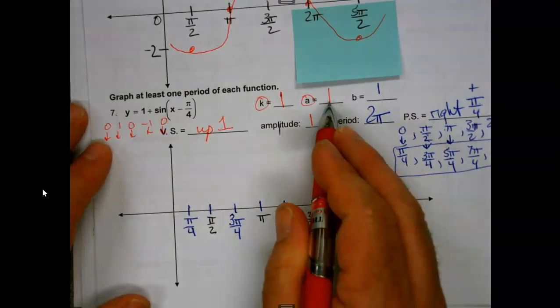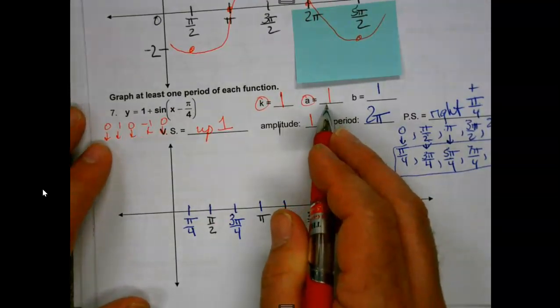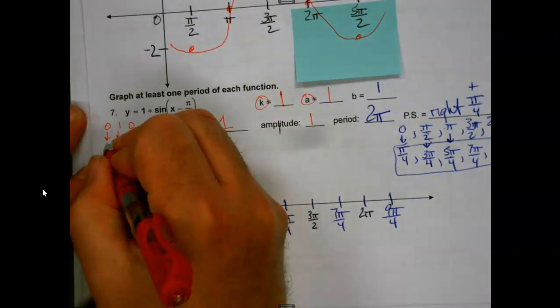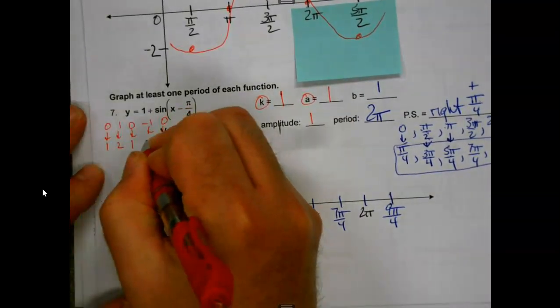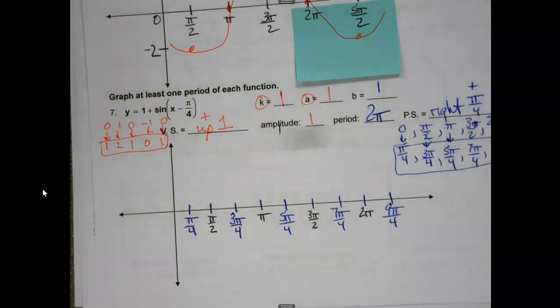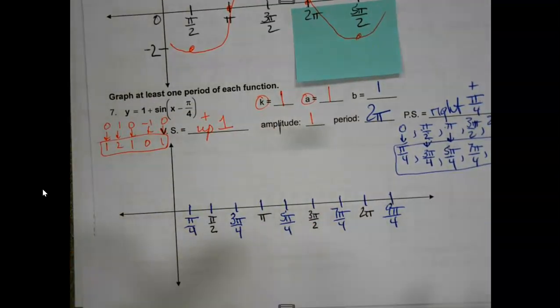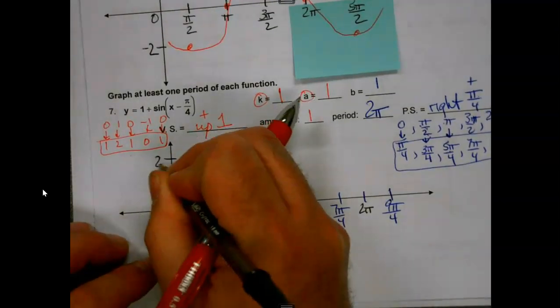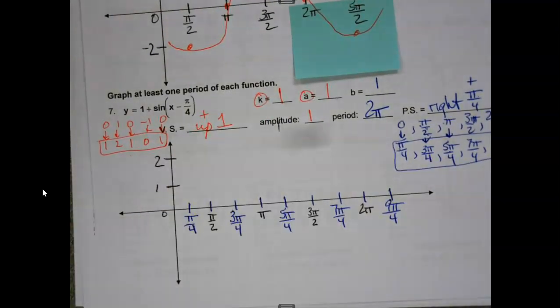Amplitude first, 1, nothing moved. That's cool. Everything went up 1, so I'm adding 1. There's my values at the points I have in blue. So you're like, okay, this isn't going to be bad. 0, 1, and 2, I can handle this.